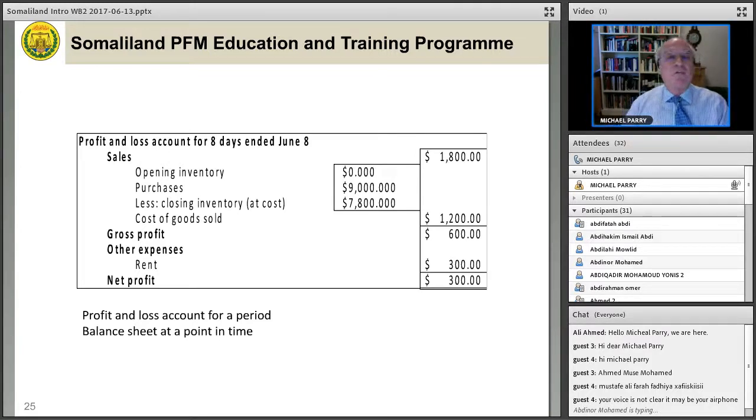This is of fundamental importance. A balance sheet is a statement at a point in time, on June the 8th. This is the situation in the balance sheet we just looked at on June the 8th. Whereas the profit and loss account shows all of the transactions and their impact on profits for the 8 days ended June the 8th.